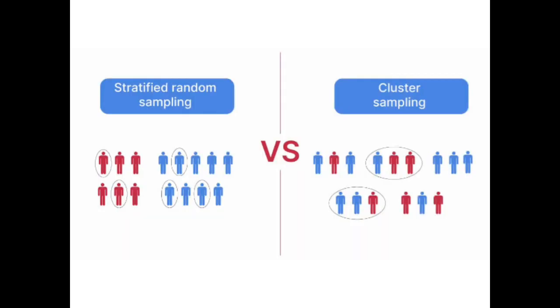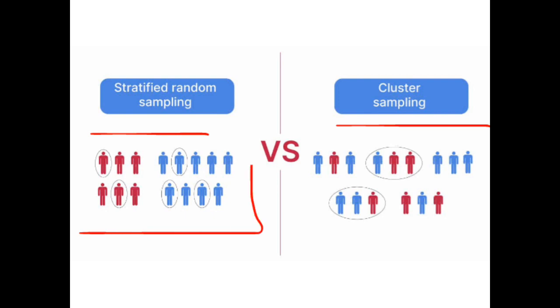Now, this illustration here shows the difference between stratified sampling and cluster sampling. As you can see, stratified sampling divides the individuals based on their homogeneity. As you can see, the individuals are divided based on their color.